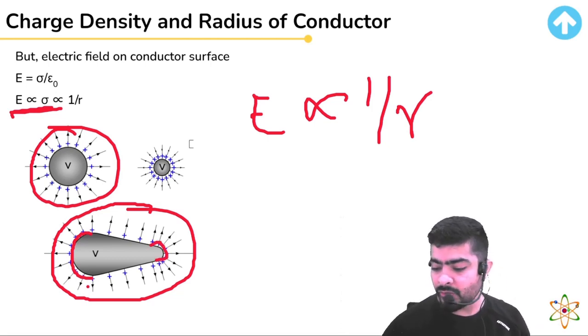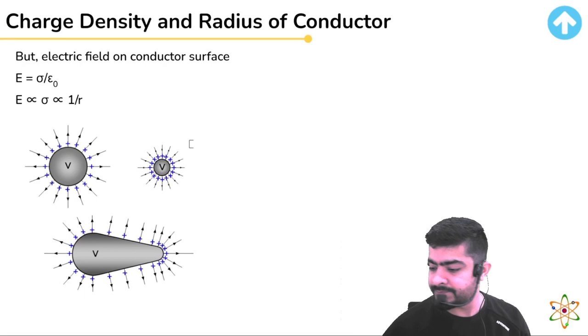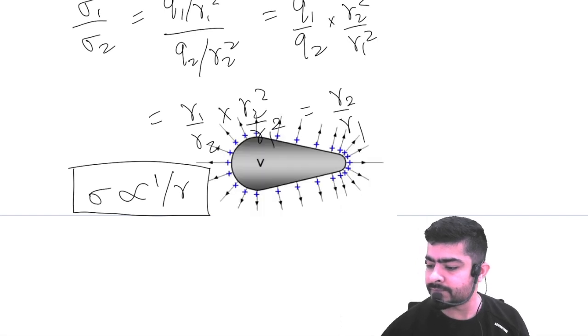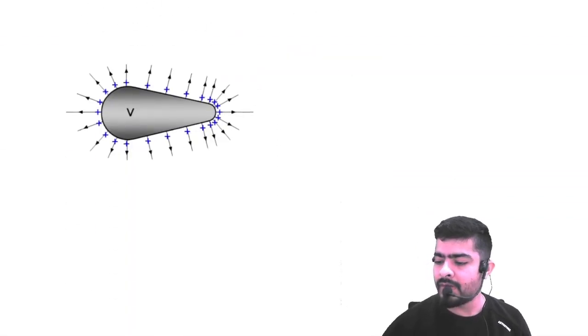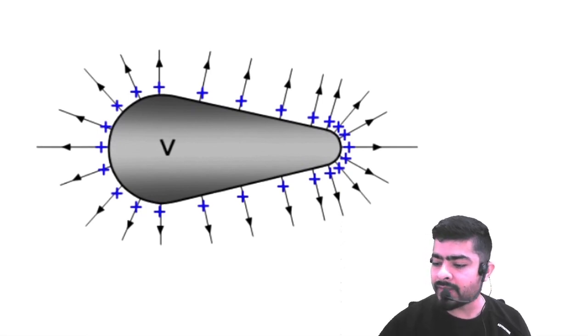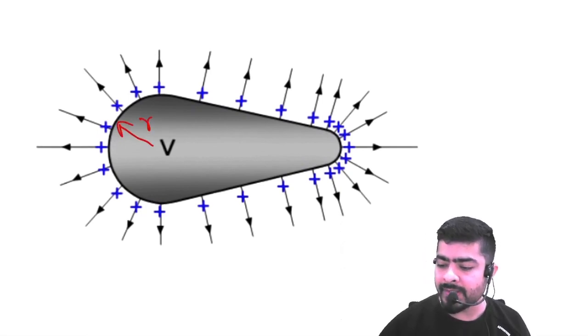Just give me a minute. If I write down the radius over here, this is radius r1 and this is radius r2.